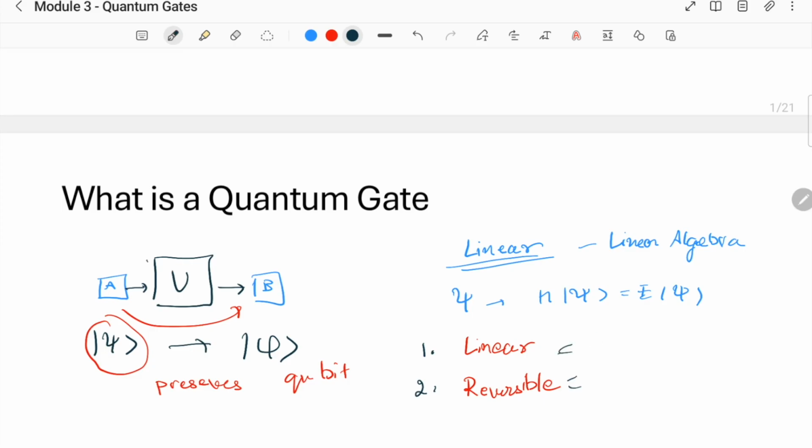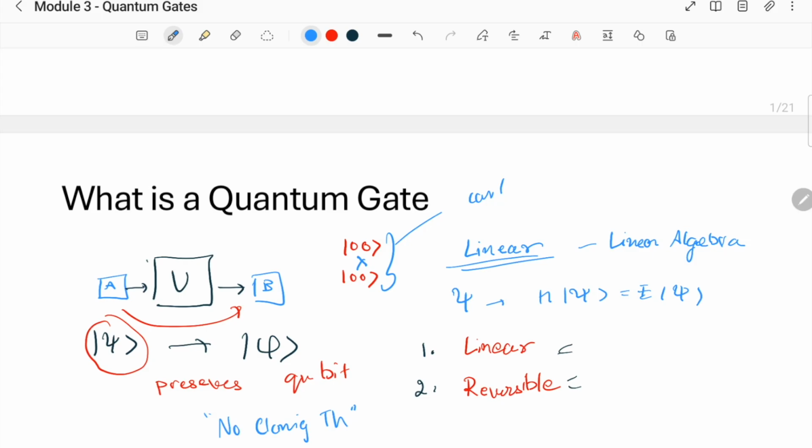But why must a quantum gate be reversible? The reason is simple, because there is a thing called the no cloning theorem in quantum mechanics or quantum information science, according to which no two qubits or no two quantum states can be the same in a given system. So we cannot obtain 0 0 and 0 0. They simply cannot coexist.